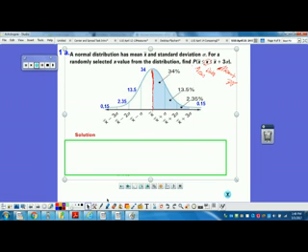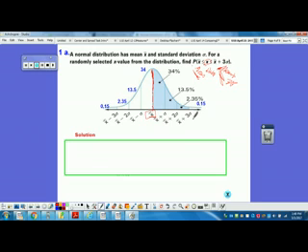Now that it's fully labeled, this example is already kind of partially done for you. I would go between the mean and 3 standard deviations above the mean. So here's the mean, and here's 3 standard deviations above the mean right here. I'd be looking at this blue shaded area that I'm shading in red now. So I want to know the probability that any randomly selected piece of data exists in the shaded range between the mean and 3 standard deviations above the mean.